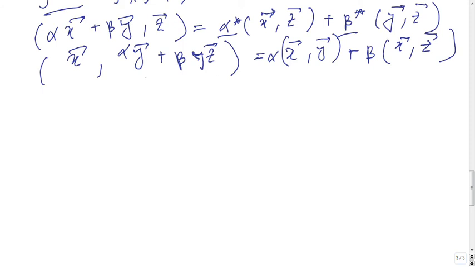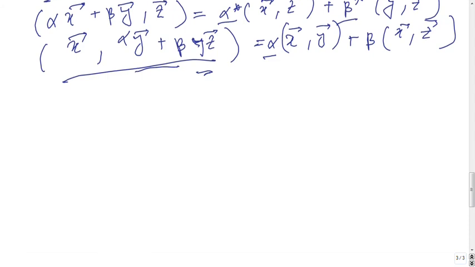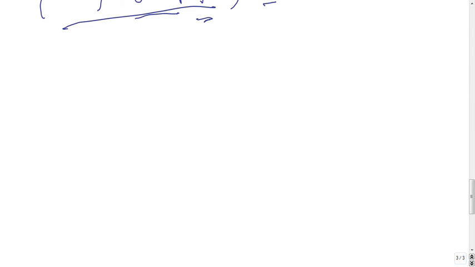So if we have a linear combination in the second argument, then the coefficients come out of the inner product without getting complex conjugated. So it is linear in the second argument. Some authors tend to do the opposite. They say there is linearity in the first argument and antilinearity in the second argument, which is nothing but the same thing. So this would be it.